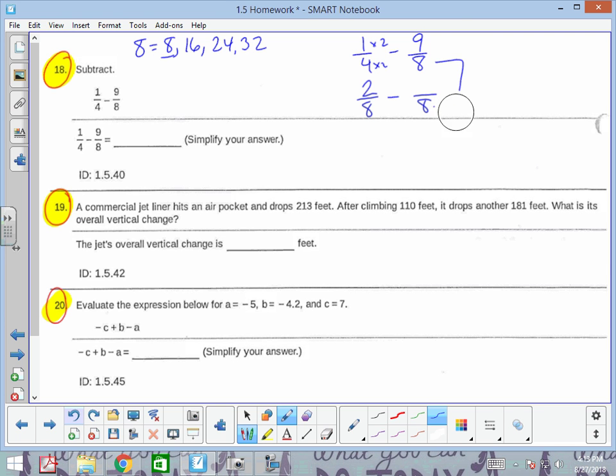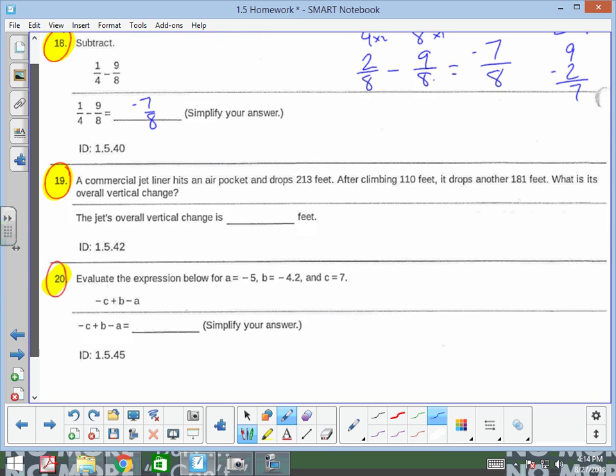So that means I'm multiplying by 1 on top and bottom. So they have the same denominator. Keep the denominator the same. Look at your numerators. The numerators are positive 2 and negative 9. So we need to subtract the numbers because they're different signs, and take the sign of the bigger number. Well, 9 is bigger, and 9 has a minus sign in front of it. So this answer is negative 7/8.